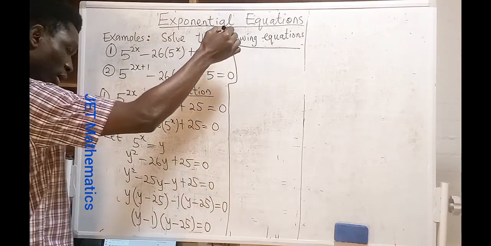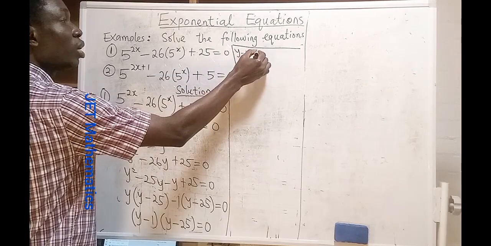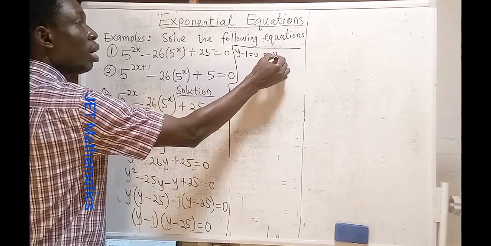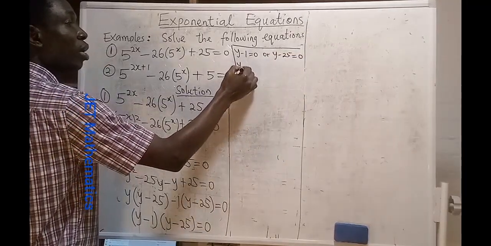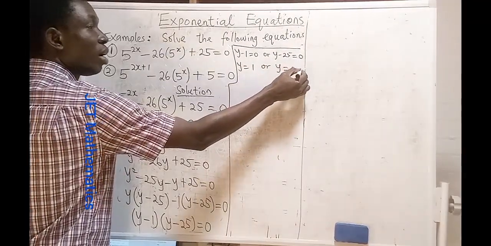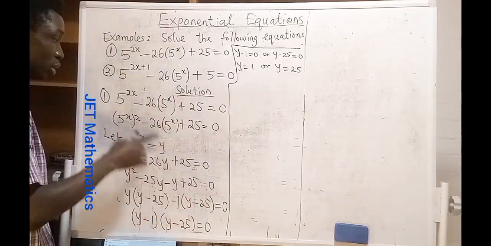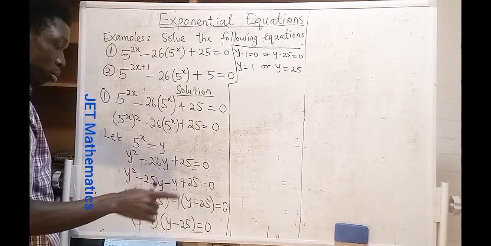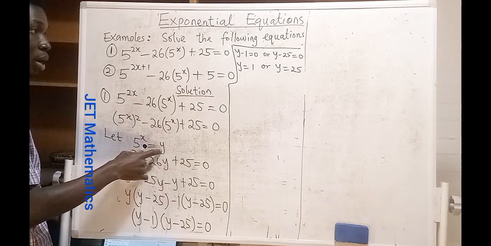So that y minus 1 equals 0, or y minus 25 equals 0. So here we have y equals 1, or y equals 25. But our job is not to get y, our job is to get x. But remember that 5 raised to the power x is equal to y.